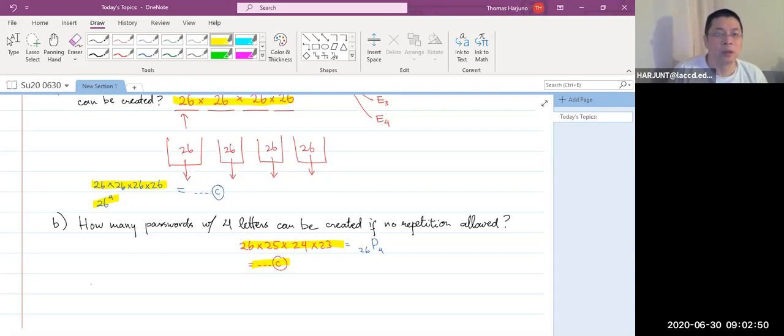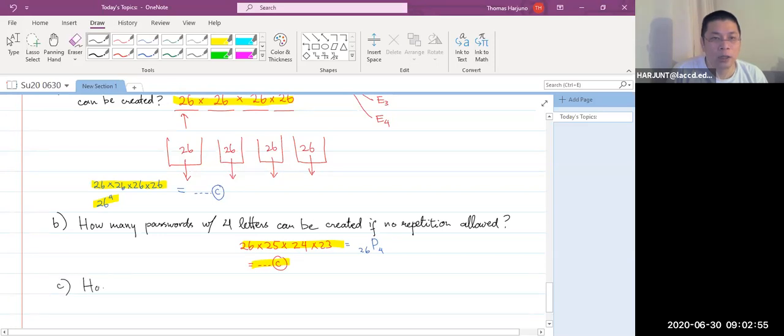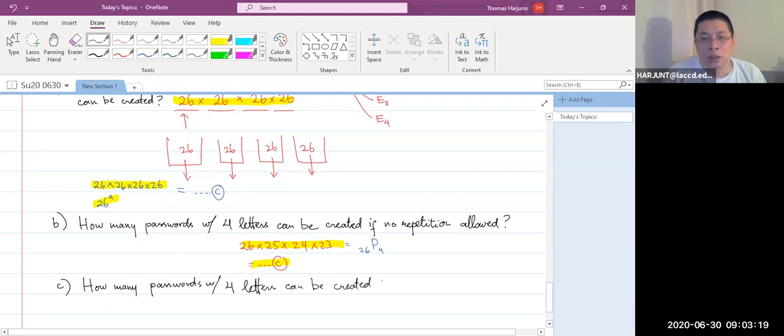Okay, let's go a bit further. Suppose: how many passwords with 4 letters can be created if it starts with a vowel?